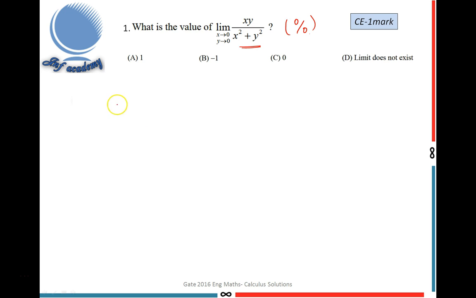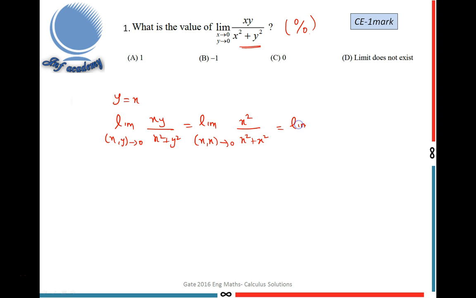Now, let's consider the path where y equal to x. If y equals x, we can rewrite this limit as limit (x, x) tends to 0 of x into x, divided by x square plus y square, where y equals x, so x square.